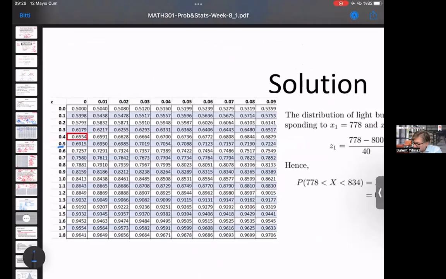So here, 55. I'm going to tell you how I use this table to find minus 0.55. In this table, I see plus 0.55 being almost 71. So it's been given that this is 0.7088.